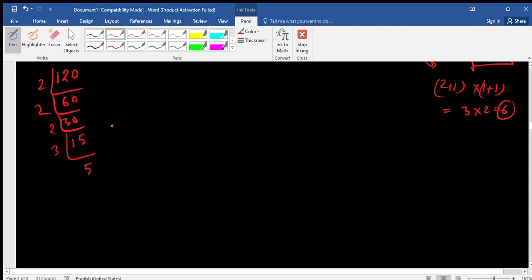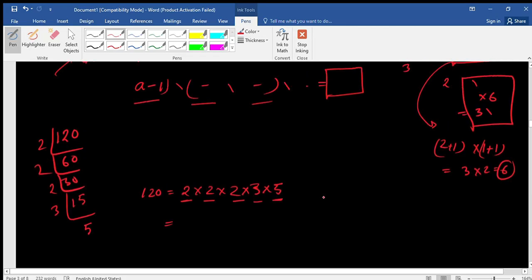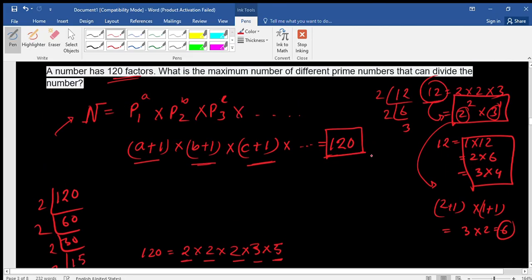So if you prime factorize 120, you will get 2 times 2 times 2 times 3 times 5. You can see there are 5 numbers, that is 2, 2, 2, 3 and 5. So the number 120 can be expressed as the product of 2, 2, 2, 3 and 5.